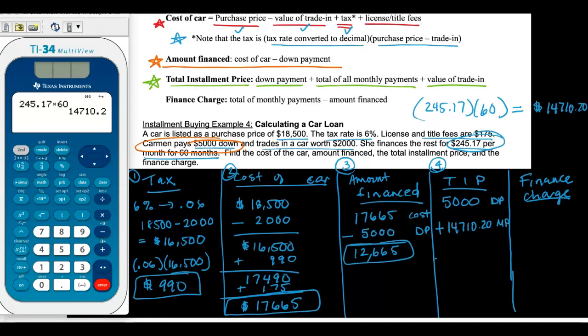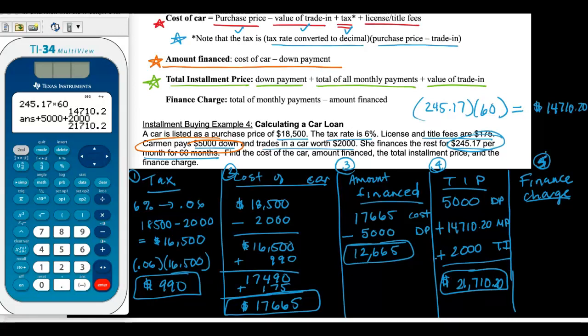So I'm just going to write MP for monthly payment, and then I'm going to add the value of the trade-in, which was $2,000. So that's TI trade-in. So I'm going to put that all in my calculator. So I've already got the $14,710.20 in my calculator. So I'm going to add that down payment of $5,000 and then the $2,000 trade-in, and I get a total installment price of $21,710.20.